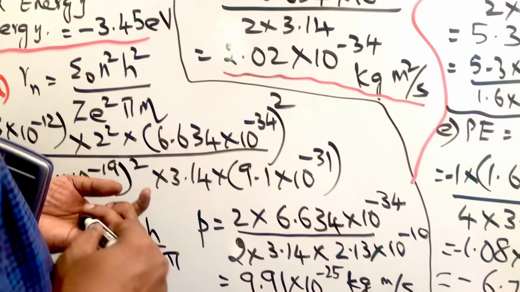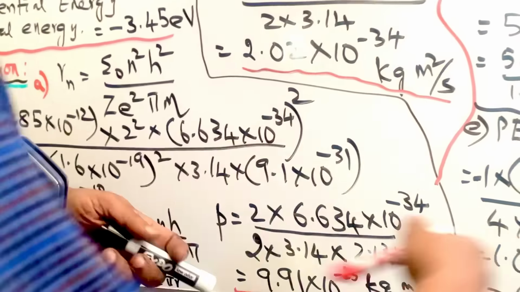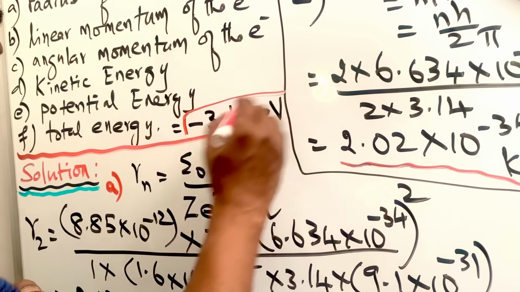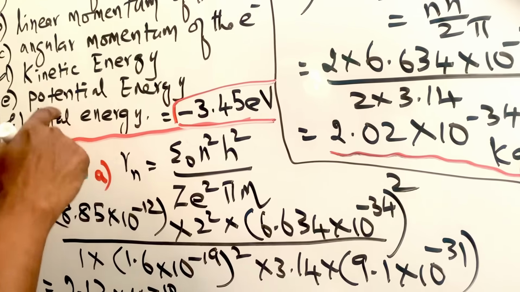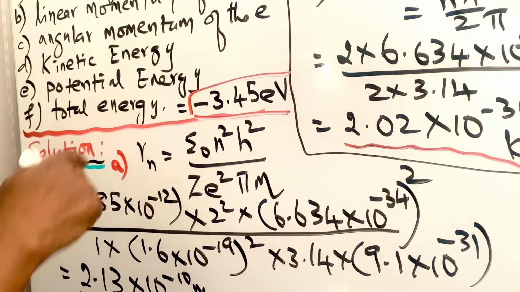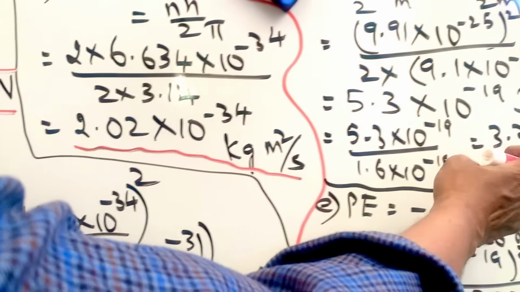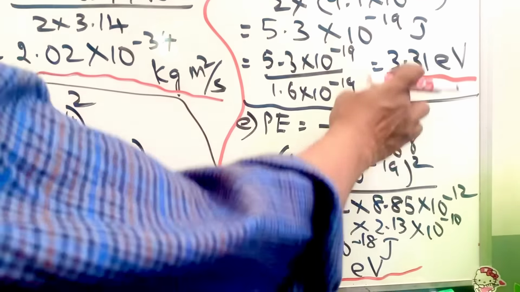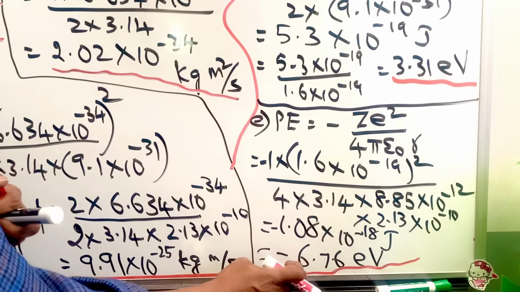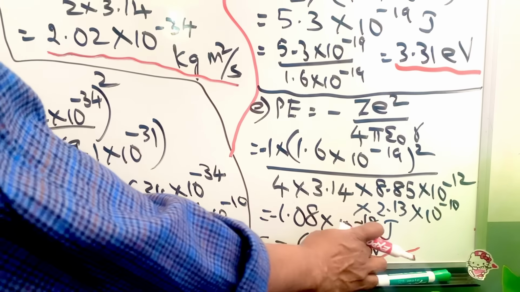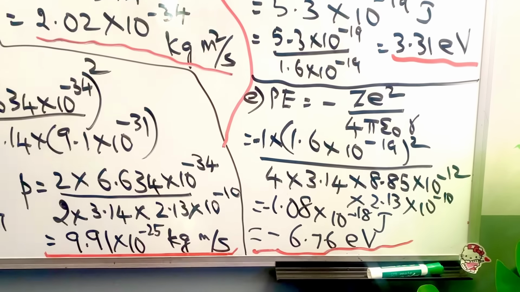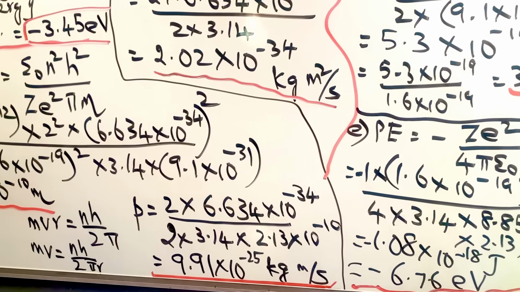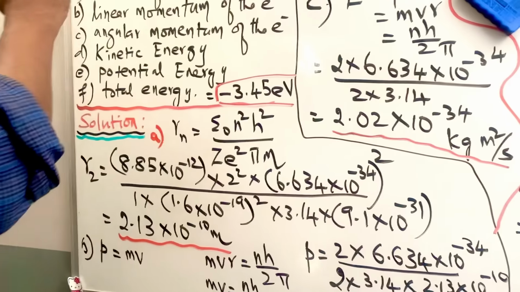To save time, I skipped the steps, which I already explained. Total energy is equal to kinetic energy plus potential energy. The kinetic energy is 3.31 electron volt plus this value, that means 3.31 take out 6.76. The total energy will be equal to negative 3.45 electron volt.